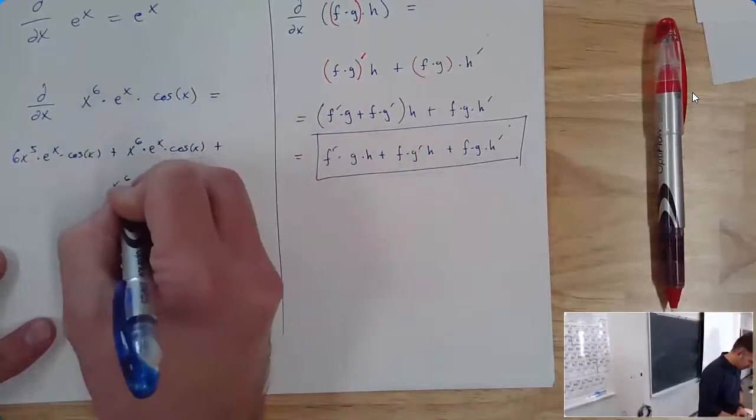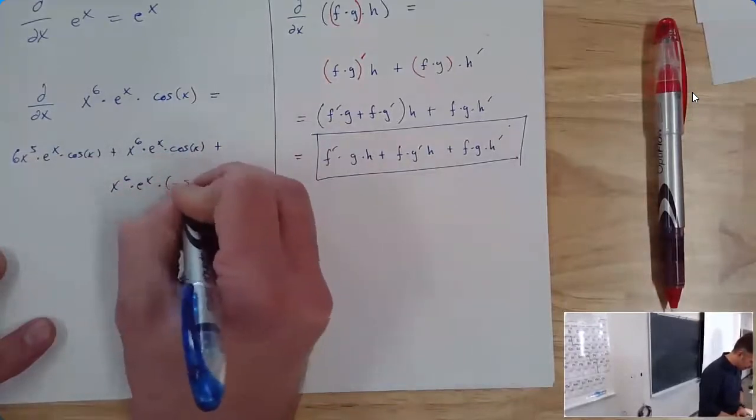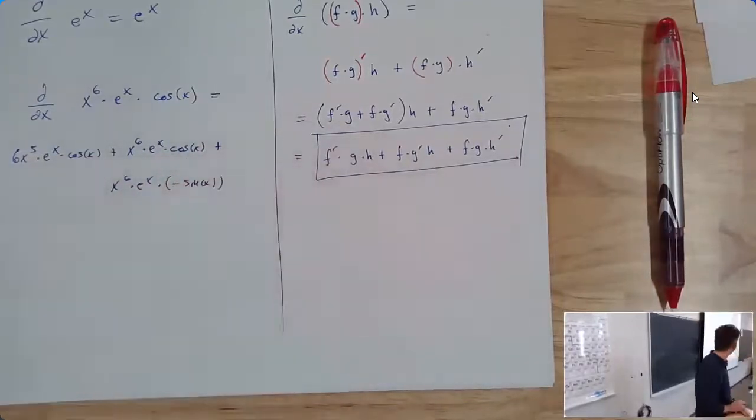So x to the sixth times e to the x times negative sine of x. And that would be my answer, and I would totally leave it like that. I didn't want to do any factoring, although I totally could factor out an x to the fifth e to the x if someone wanted me to.